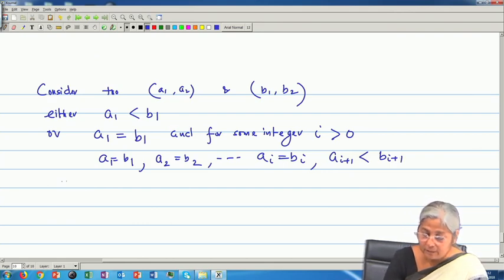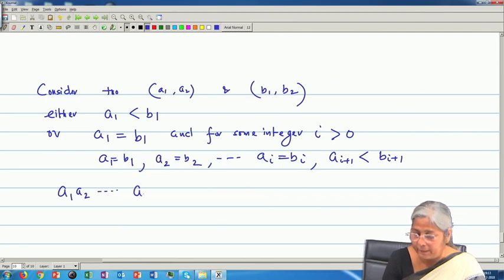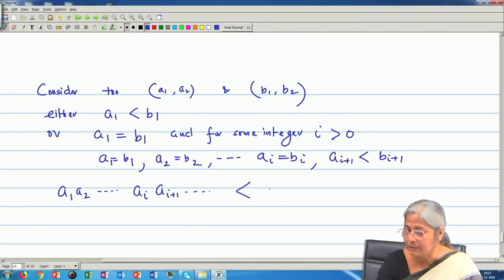Then the lexicographic ordering is that the words A1, A2, up to AI, AI plus 1, are ordered like B1, B2, B3, BI, BI plus 1.